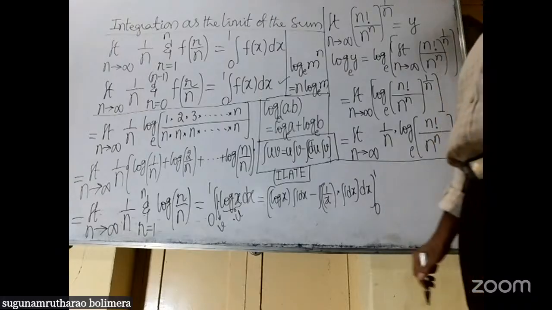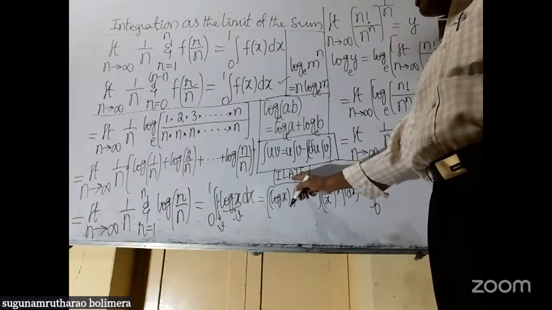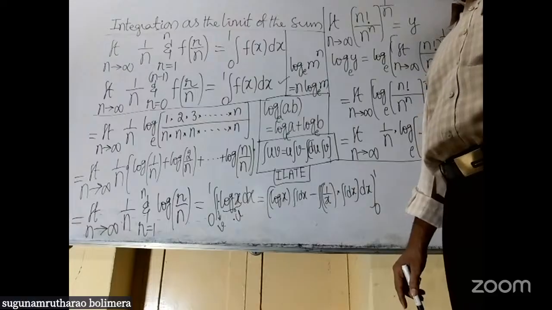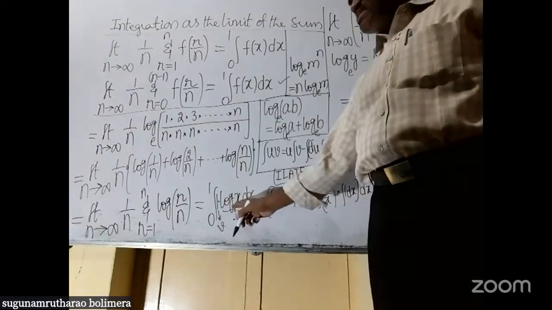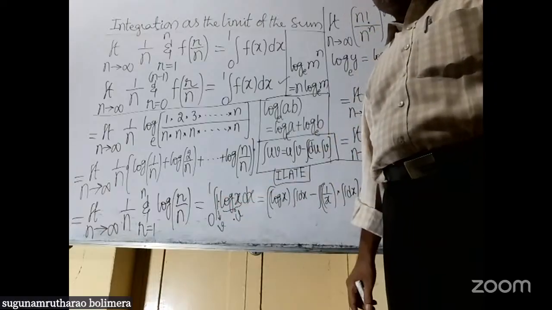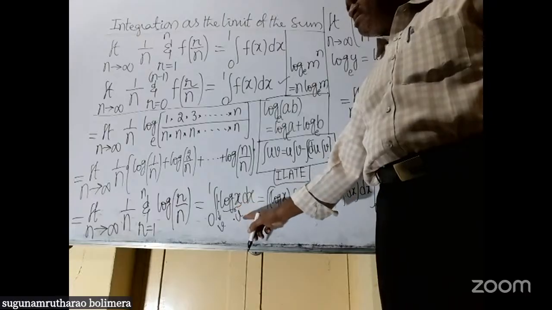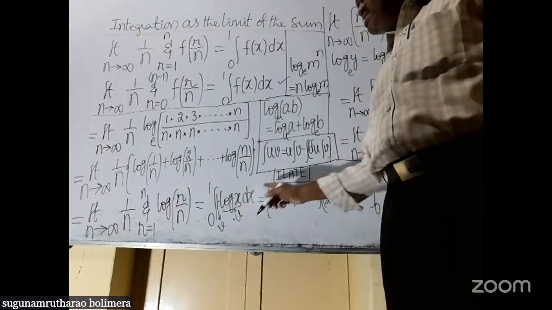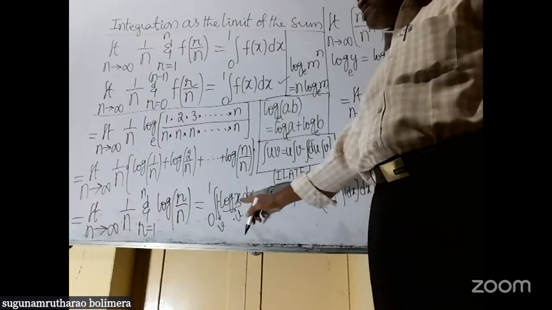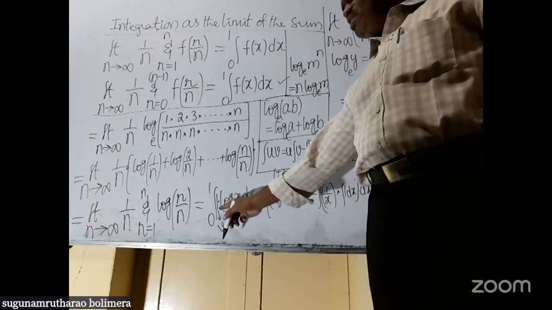I repeat, in the ILATE formula logarithm comes before algebraic. Only a single log x is given, multiplied by 1, which is algebraic, so consider logarithm as u and 1 as v.